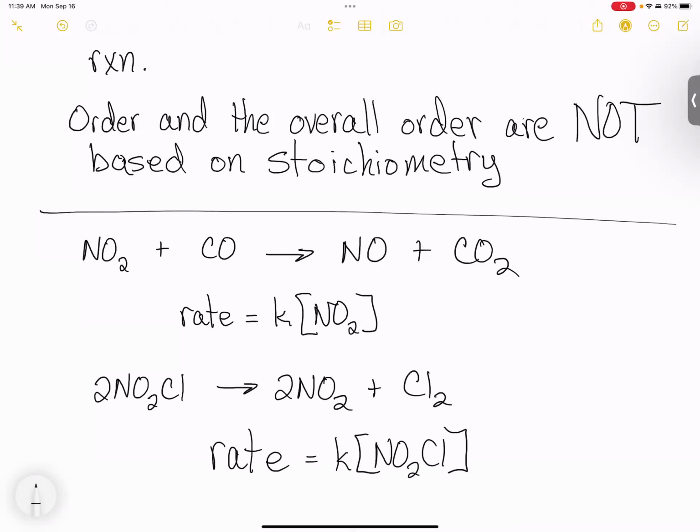Even though there's a 2 here as the coefficient, notice that the order is not reflective of that coefficient. The fact of the matter is, it depends upon only one of those NO2Cls reacting to start the reaction. Yes, once it started, it goes. But we're talking about what does it take to get the reaction going? What is the rate determining step in the process.